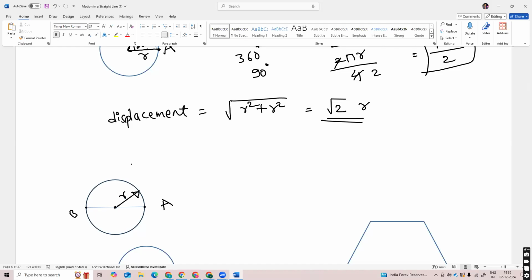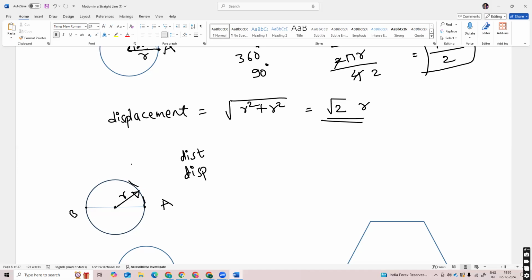Now if they ask you to find distance and displacement, distance is again the length of path traveled to reach from point A to point B.